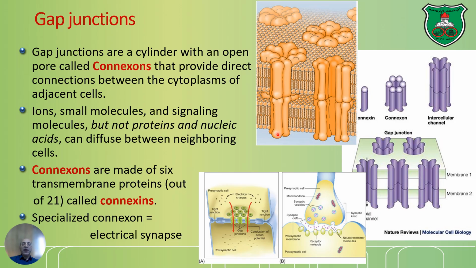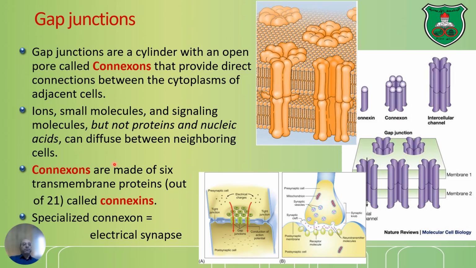And these gap junctions are made of connexons. Now, each connexon is made of 6 transmembrane proteins known as connexins. So 6 of these connexins come together, forming a connexon, and these connexons form a channel eventually.